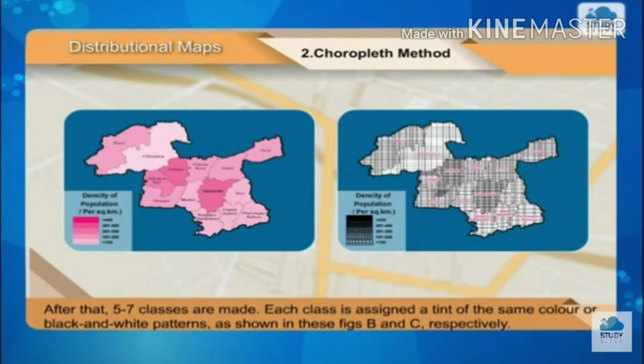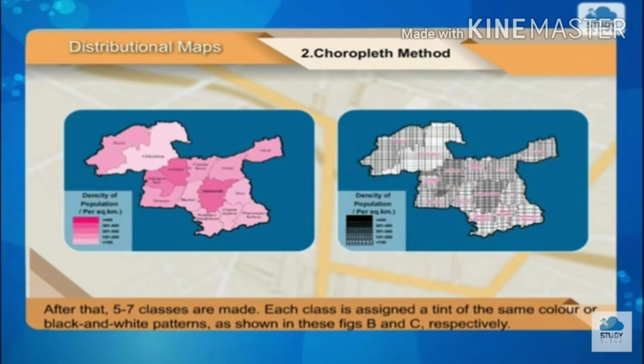Bhatkuli, Morshi, Teosa, Warud, Nandgaon, Chikhaldara, these show the population density between 301 to 400 and 201 to 300 respectively.